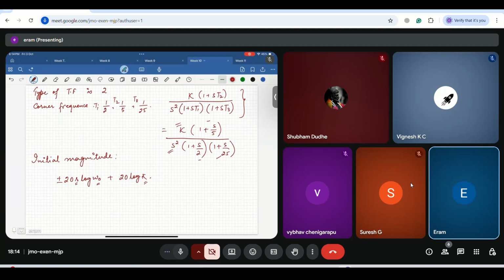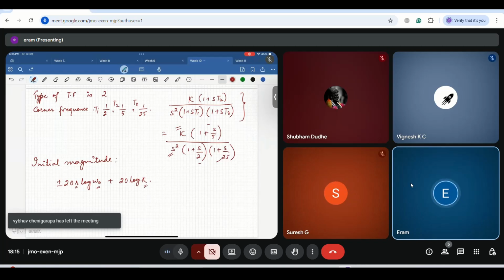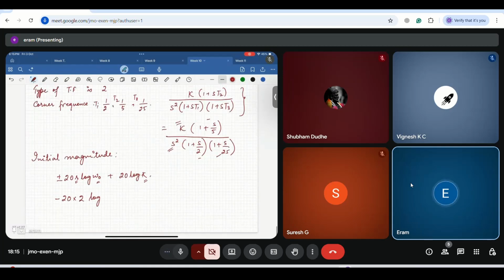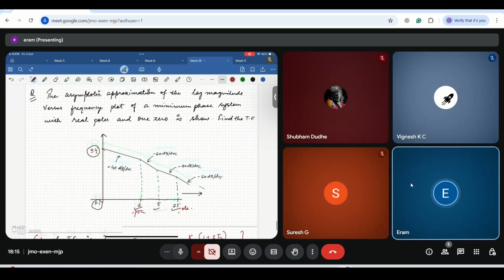Now what is r in this case? r is 2, and we have a pole here, so it is minus 20 into 2. The initial frequency is given as 0.1, and minus 20 log K we have to identify, and this value is given as 54.